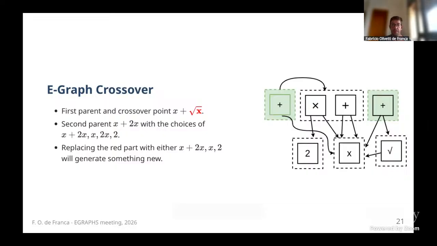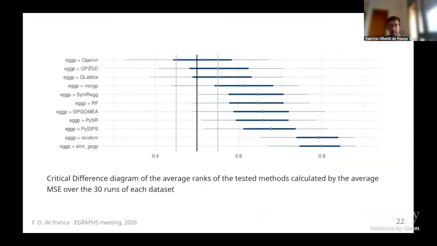So by doing this, we can actually enforce that the search is guided by novelty as well, not only by the pressure to generate something that has either the same fitness function or the same loss function or something better. And this is one of the comparisons that we made with a lot of state-of-the-art algorithms. So basically, this is ours, and this is the current best algorithm. This plot says that they are equivalent.